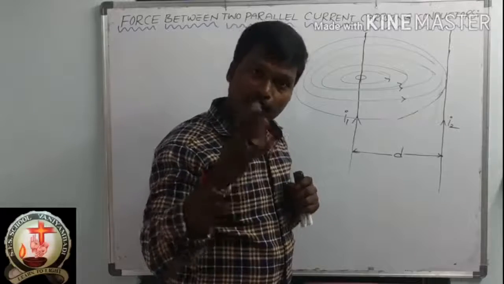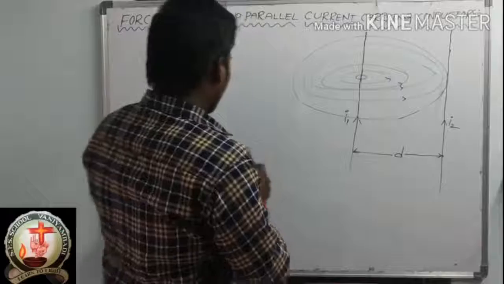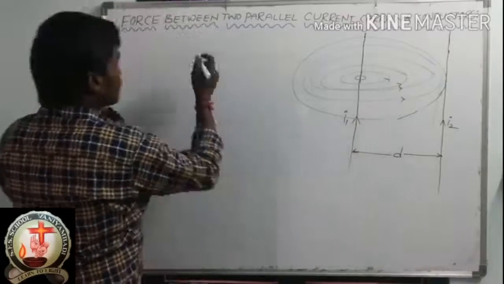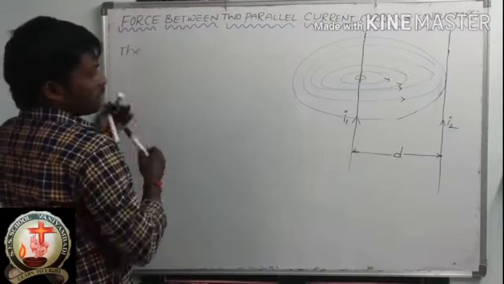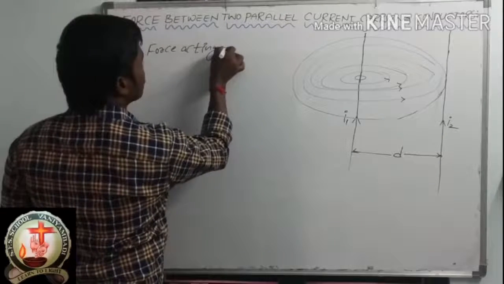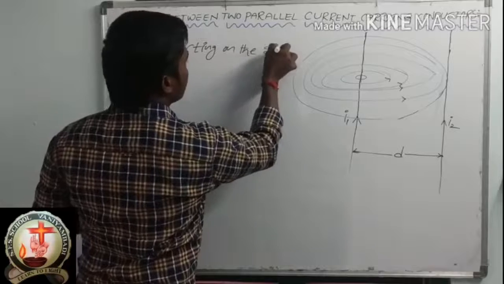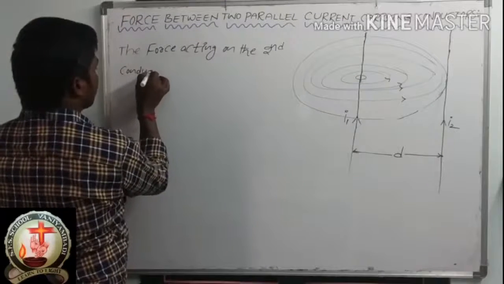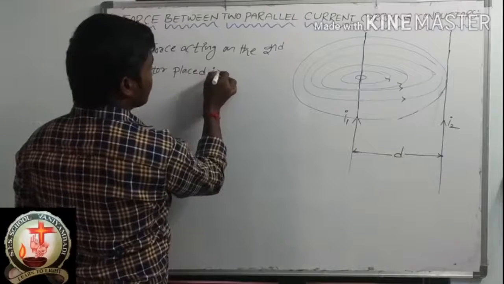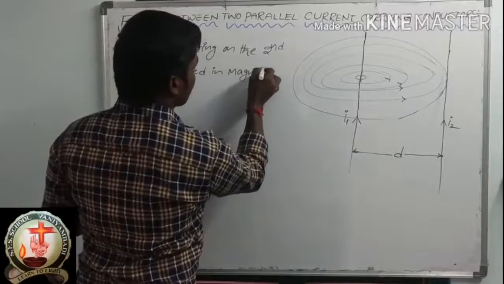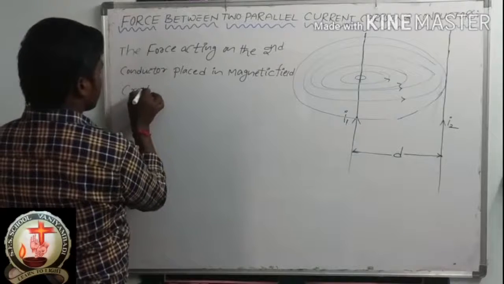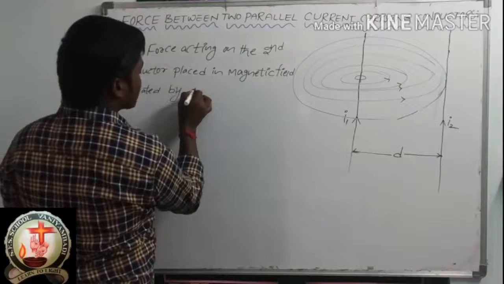So here, the force acting on the second conductor placed in the magnetic field created by the first conductor.